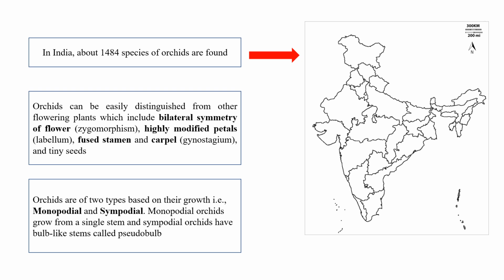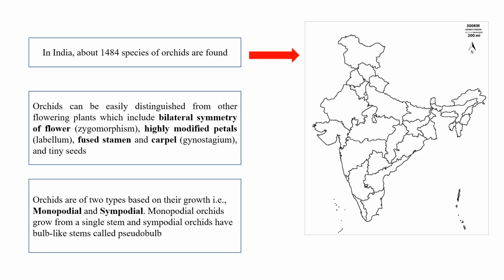Orchids can be easily distinguished by their bilaterally symmetrical, zygomorphic flowers. As you can see, if you split it in one half, you get a mirror image of it. It has highly modified petals, here you can see the labellum, few stamens or carpel forming the gynostegium, and multiple tiny seeds.